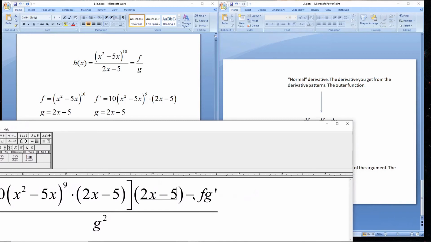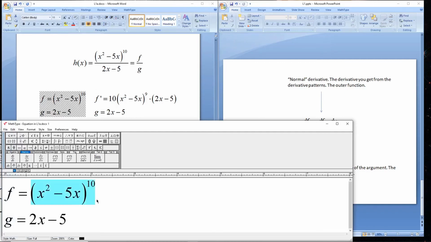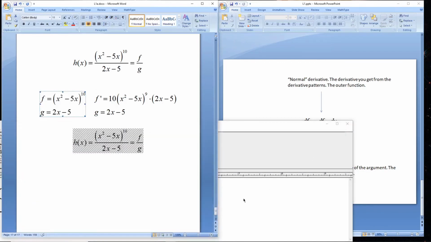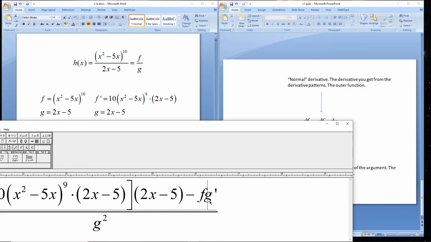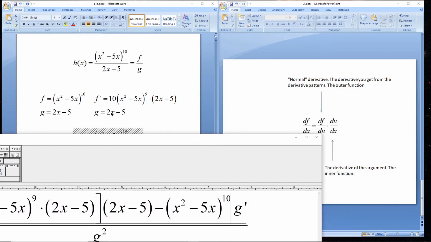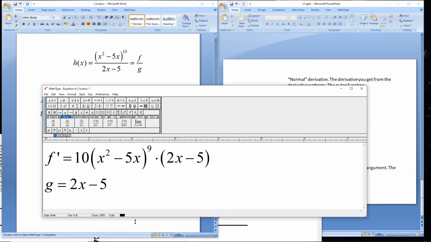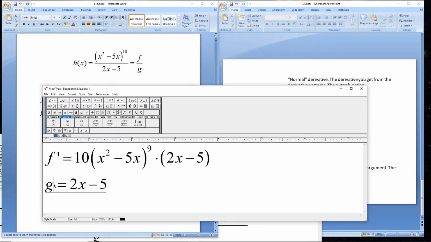And then moving along, minus f. What is f? Well, here's f. And that goes there. And then g prime. Whoops, I forgot to do g prime. G prime. The derivative of 2x minus 5 is 2.